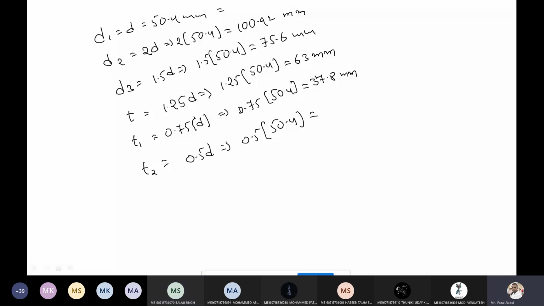Then the t2 value is 25.2. So these are the dimensions.